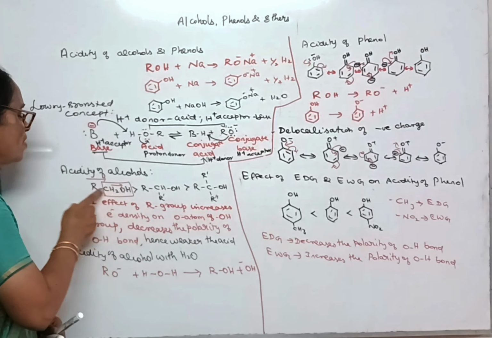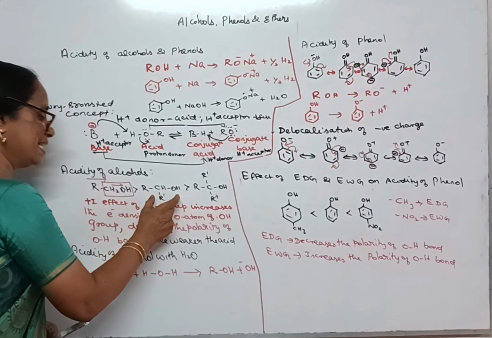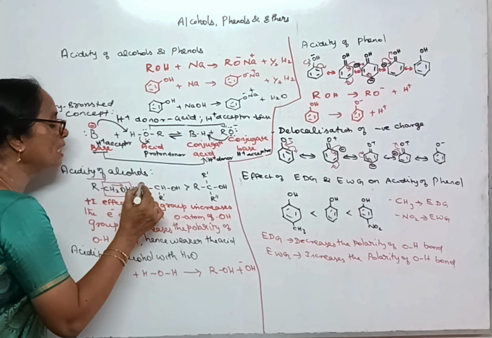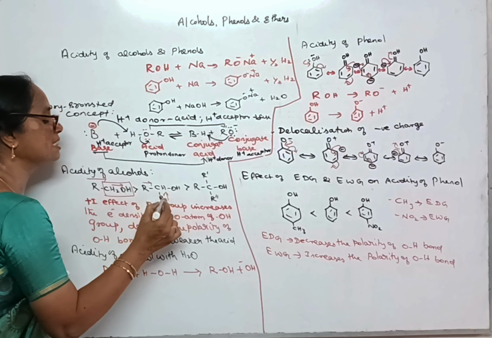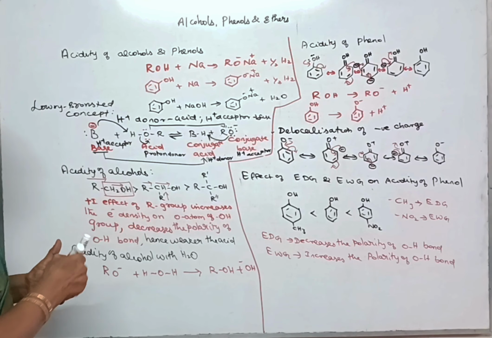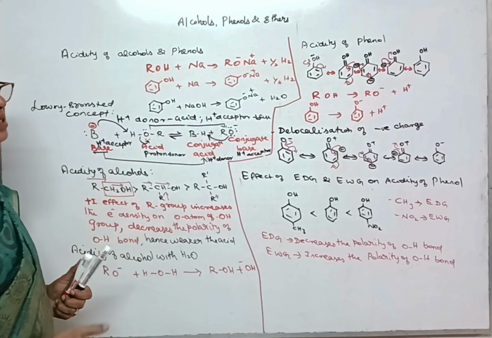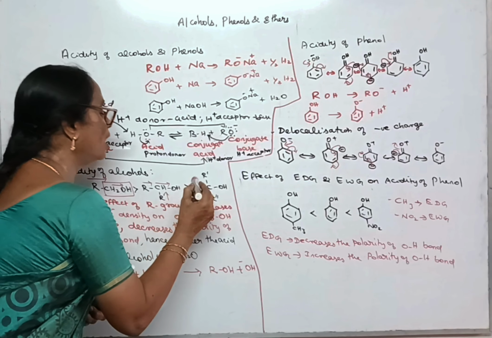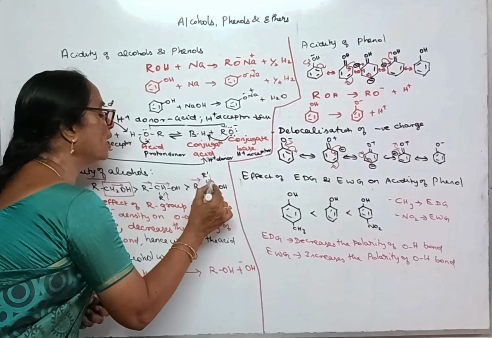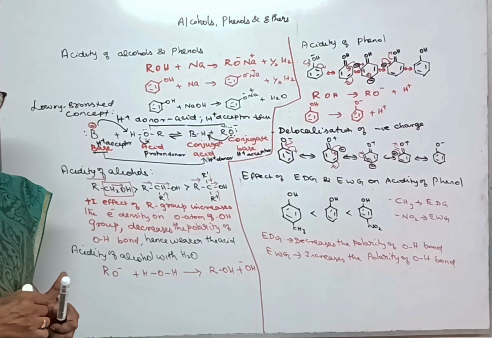So here we have a primary alcohol, with only one alkyl group. But in secondary alcohol, both alkyl groups release electrons towards the oxygen atom of the OH group, so the electron density of oxygen increases still further. In tertiary alcohol, all three alkyl groups release electrons towards the oxygen atom.